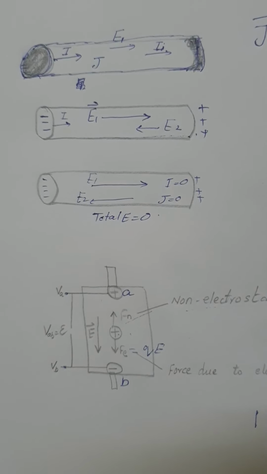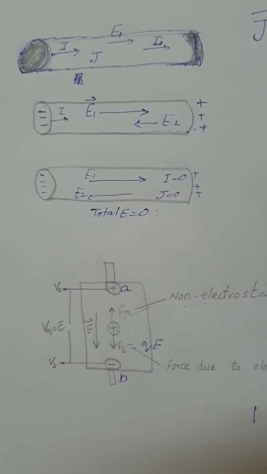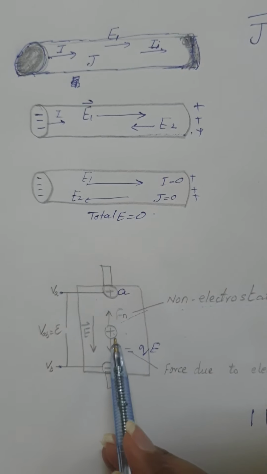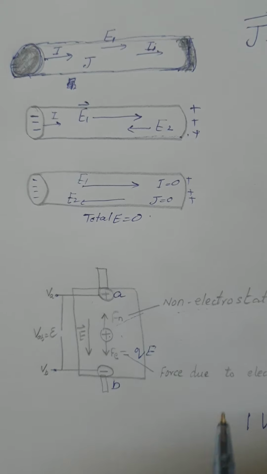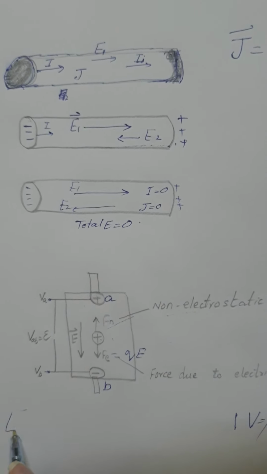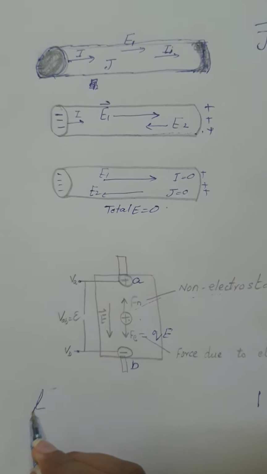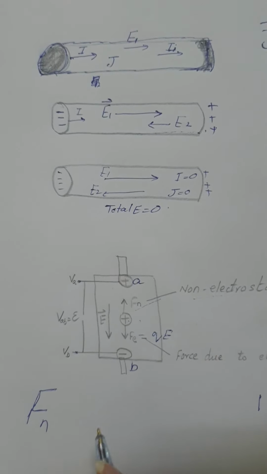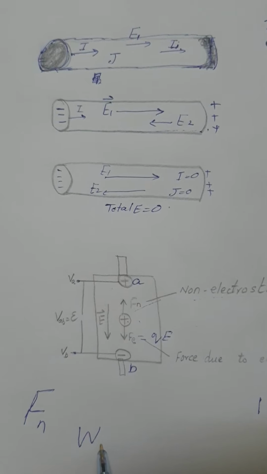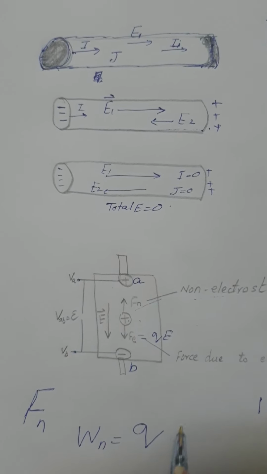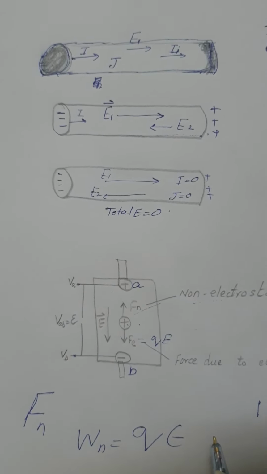Now, if a positive charge is moved from B to A inside the source, this force Fn does a positive amount of work. We write it as Q E on the charge.